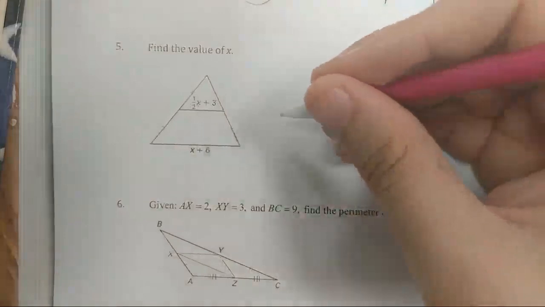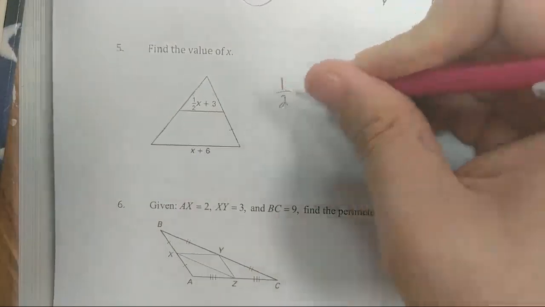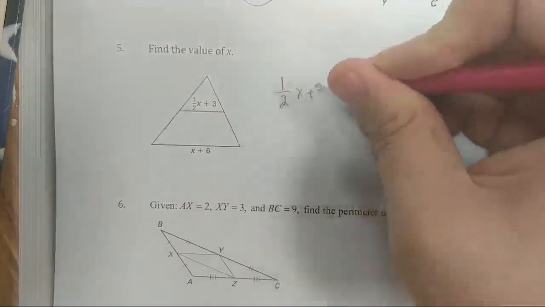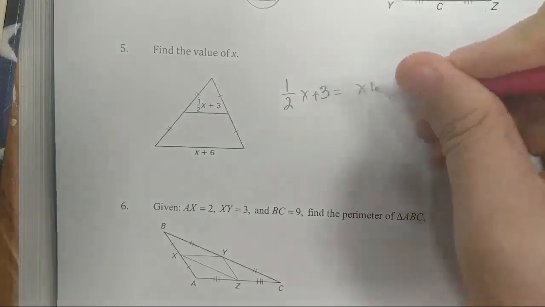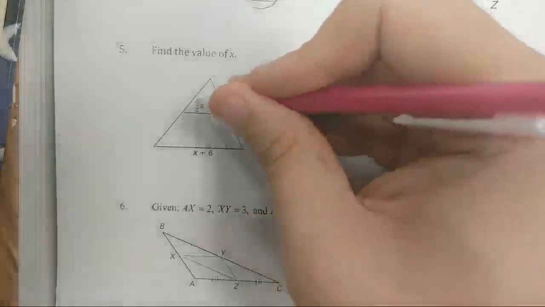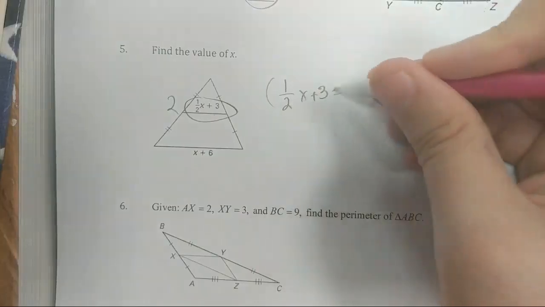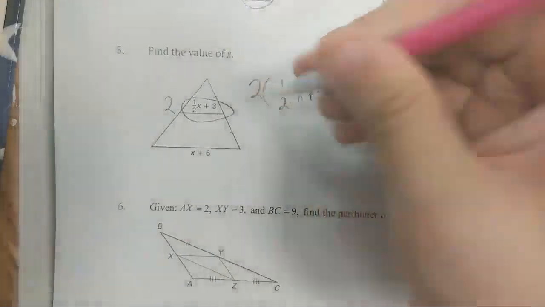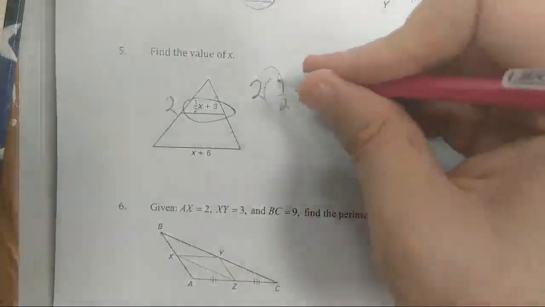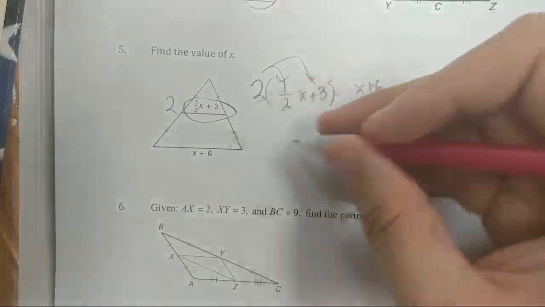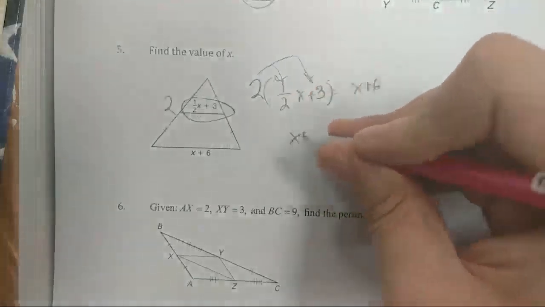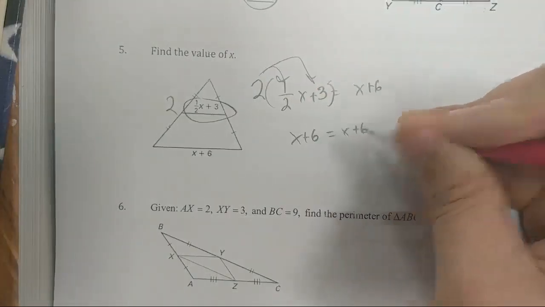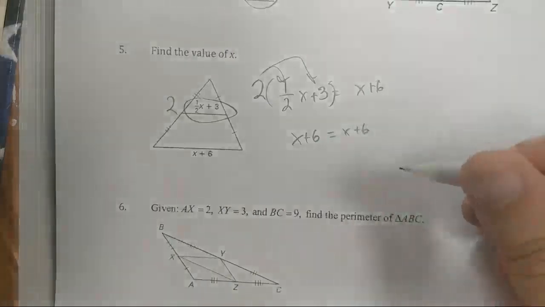So this is going to be half of that. There's 2 ways I could do it. I could say that I need x plus 3 equals x plus 6. Because this one's smaller, I need to multiply this one by 2 to make sure they match. So distribute that 2. Hey, it looks like the half disappears perfectly. So x plus 6 equals x plus 6. I made a mistake somewhere.